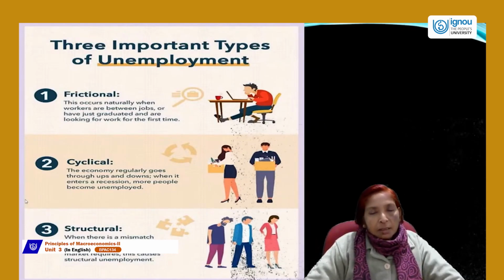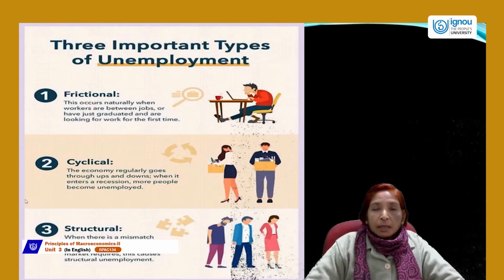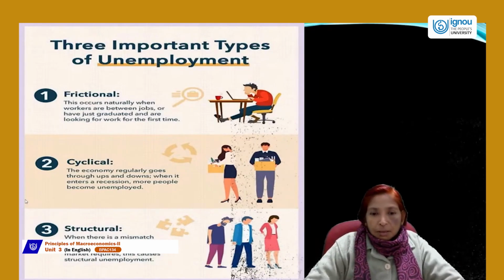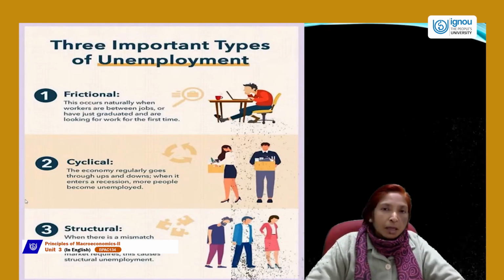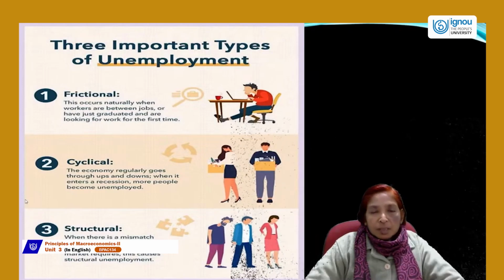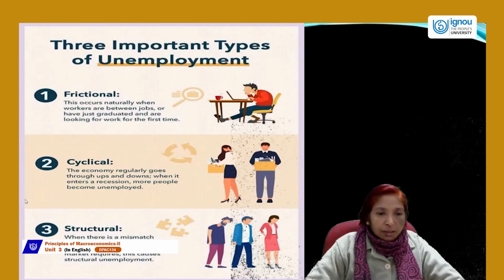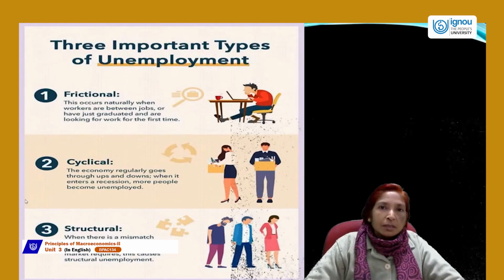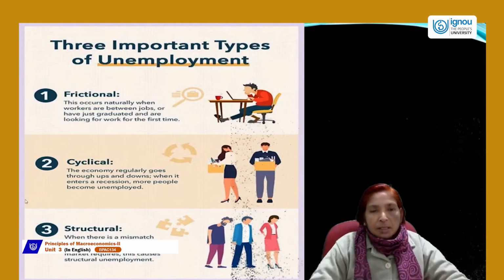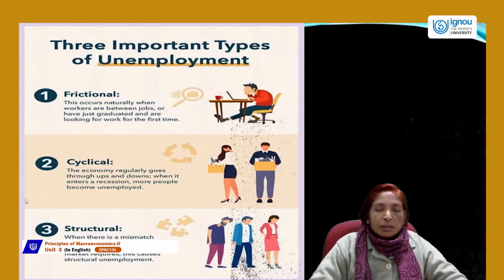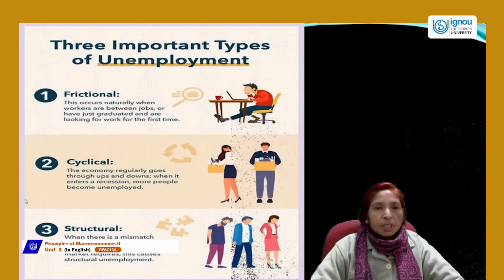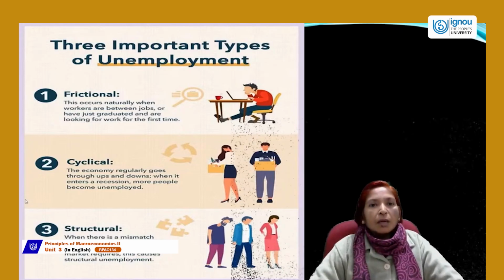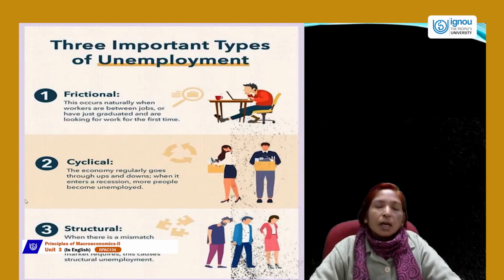It means if the market requires a different type of skill, but people have another type of skill, if there is a mismatch between the demand for skill and the supply of skill, then this will increase the situation of structural unemployment. So these are three main important types of unemployment.